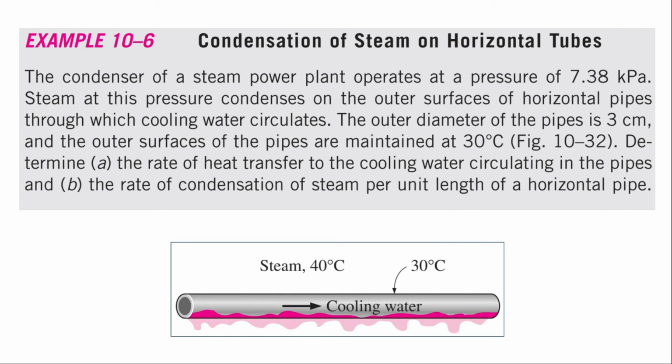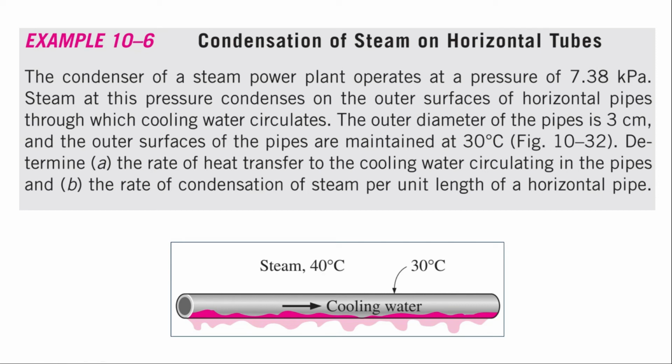This is the tube in which the cooling water is moving, and the outer temperature of this tube is maintained at 30 degrees centigrade and the steam temperature is 40 degrees centigrade. So you can determine the steam temperature by using the value of pressure, right? From the steam table you can get the value of the temperature, right? It is given in this question statement.